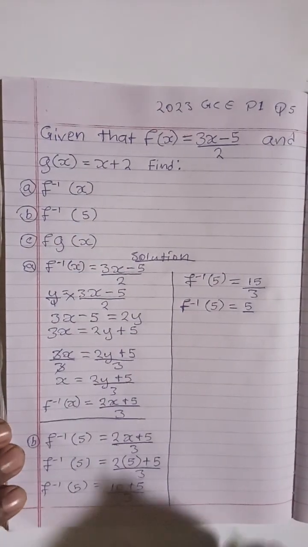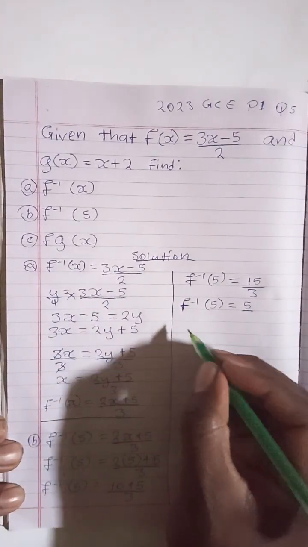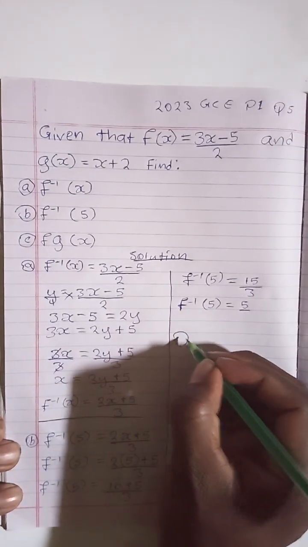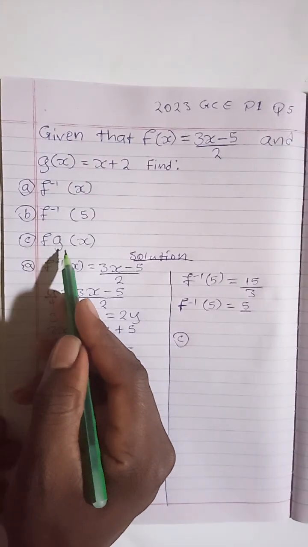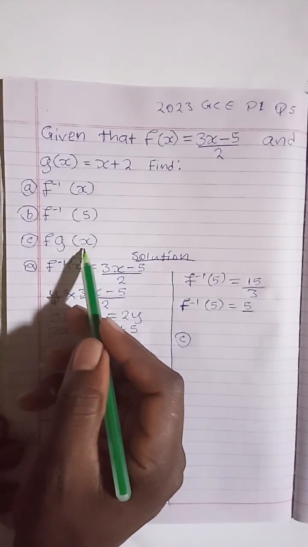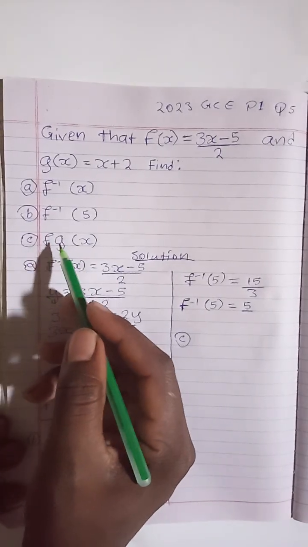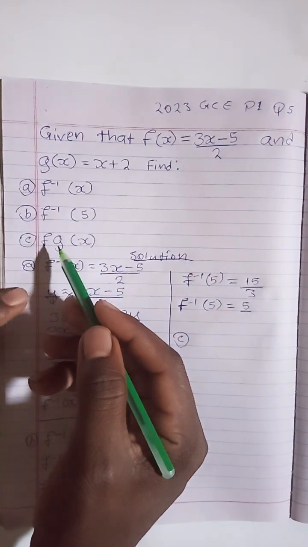So that's it. Now let us go to the last question, which is C. In question C, they are saying we should find the inverse function of f of g of x. So this is a composite function. What they mean is the combination of two functions together.